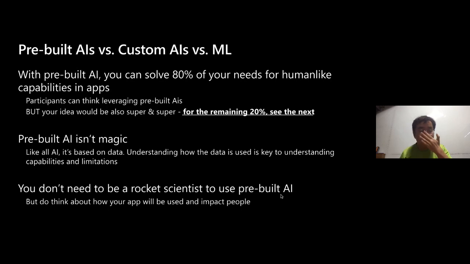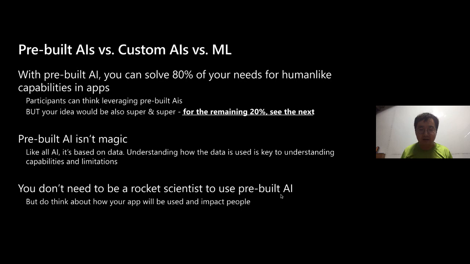But I think all the participants may have different backgrounds in AI and machine learning. So it is still good to focus on existing pre-built AIs or leveraging custom AIs, which is part of the 80% that solves lots of problems.